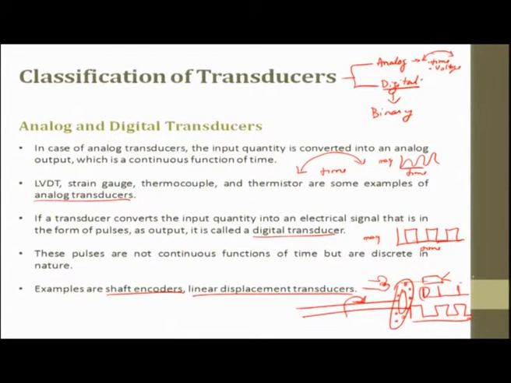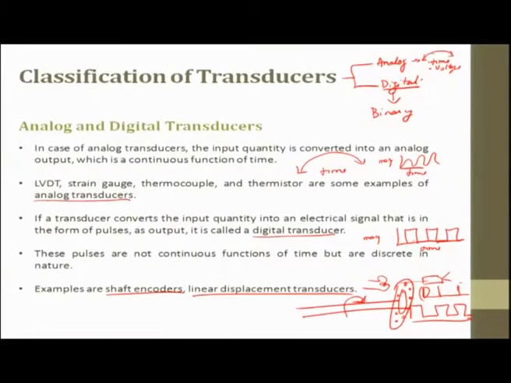An analogous transducer gives a lot of freedom to play with the signal. You can enhance the signal, put in filters to avoid a lot of noise, and then process the signal. Whereas here, when we get the signal, we discretize it. When we discretize, a lot of noise gets added to the basic data, and in further processing we miss a lot of information.